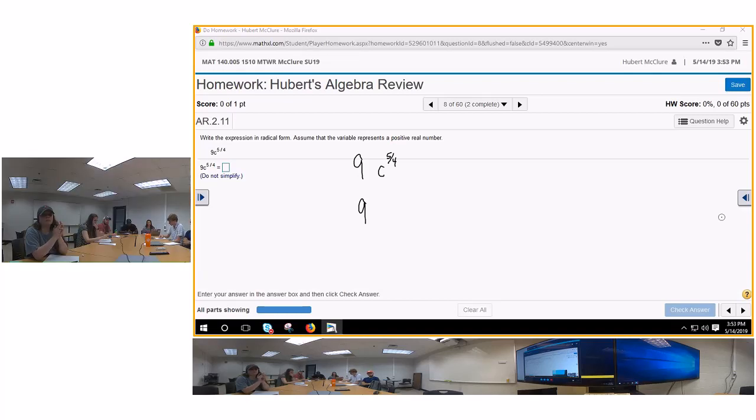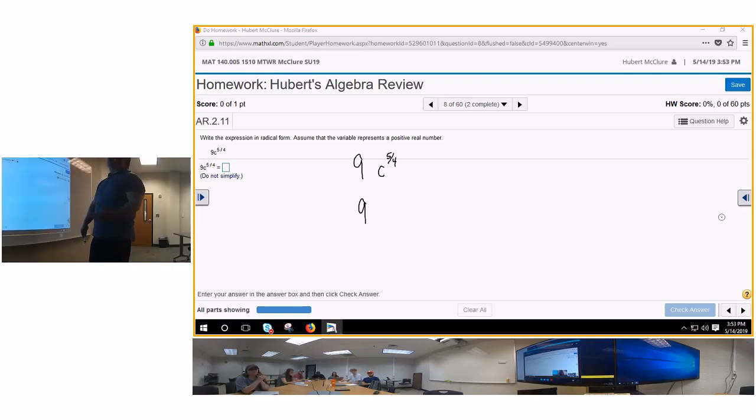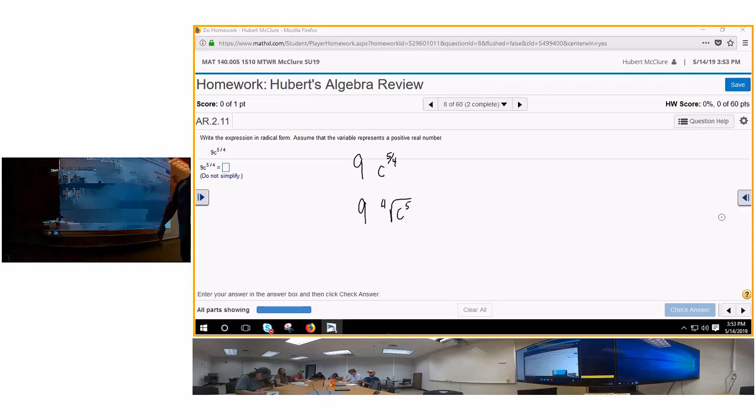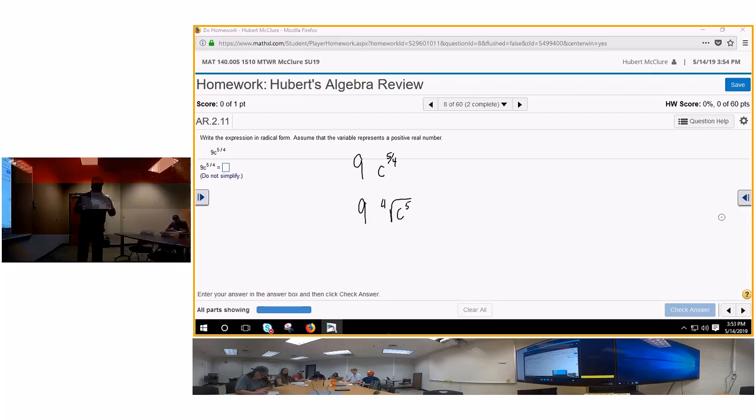So that means we need to focus on the c. Well, remember, I told you in the last problem, that's exponent over what? Index. So that means you're going to take the 4th root of c to the what? 5th power. Are we done? Well, that's a 50-50 answer there, y'all.